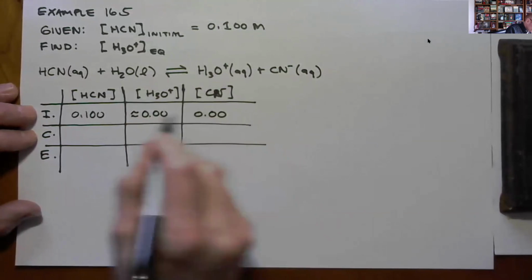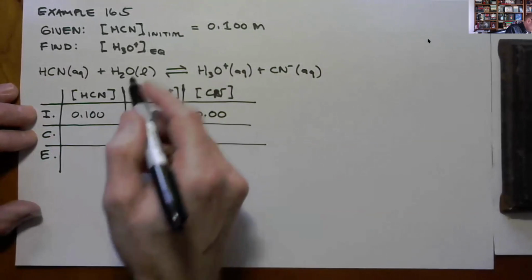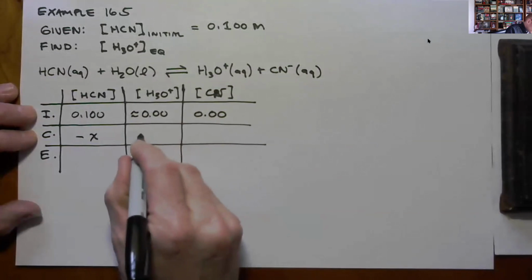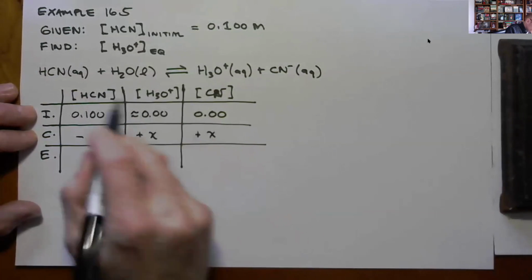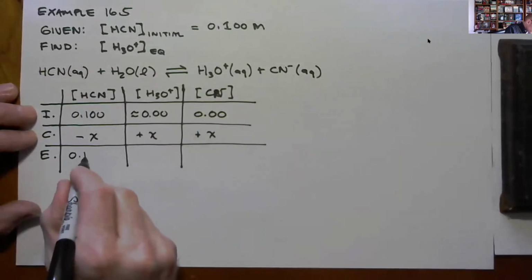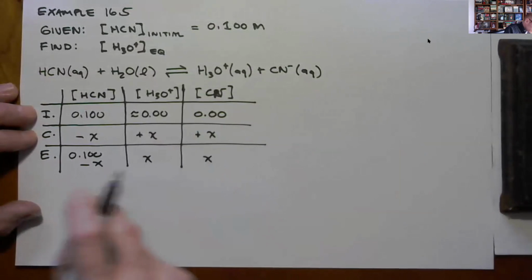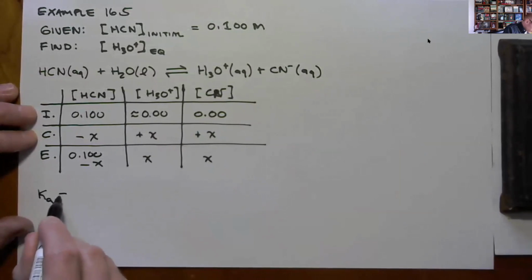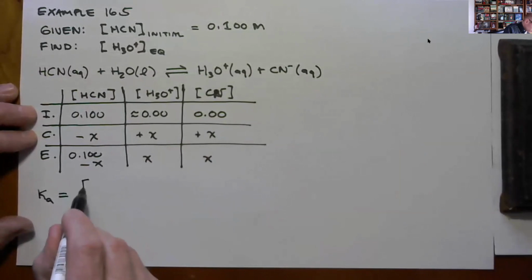And initially, the hydrocyanic acid has not ionized. Now, we expect a change, and thus we will generate X moles per liter of both hydronium and our conjugate base. So at equilibrium, 0.10 minus X, X, and X. And again, what we are ultimately going to solve for are the equilibrium values.